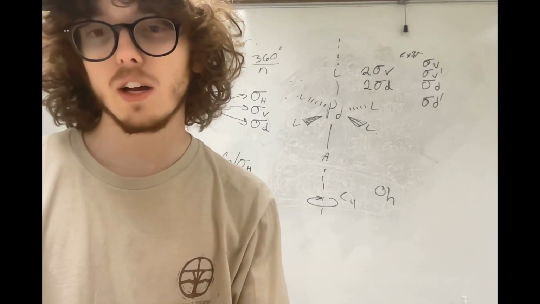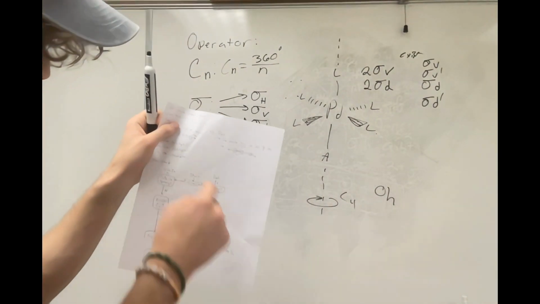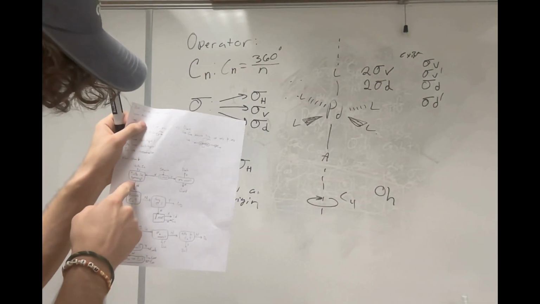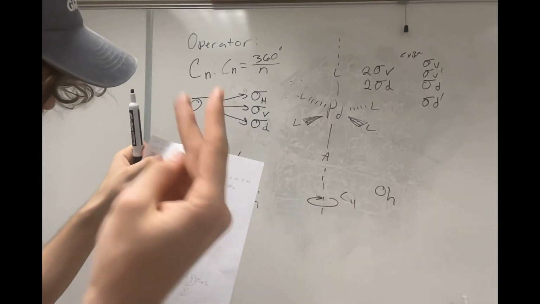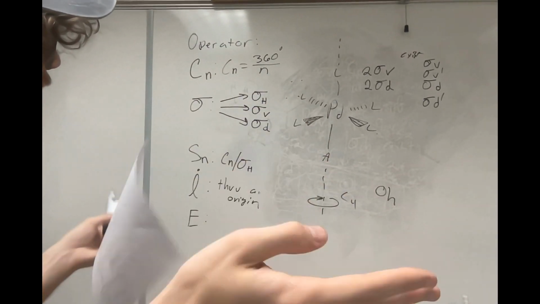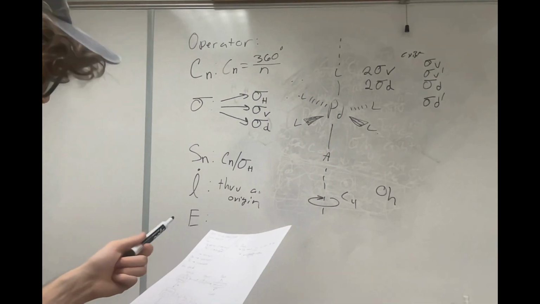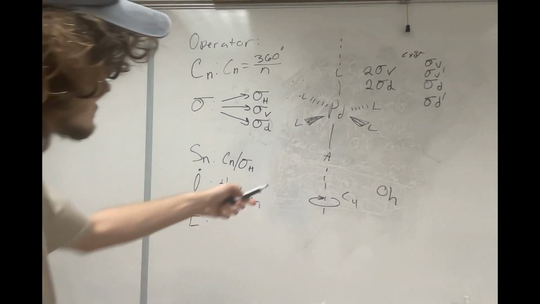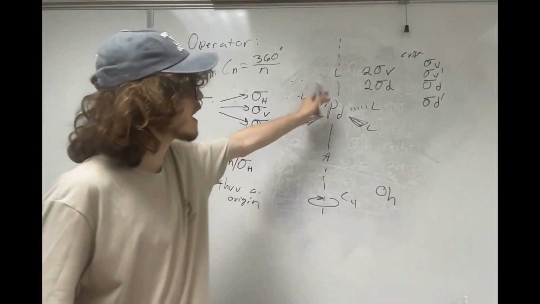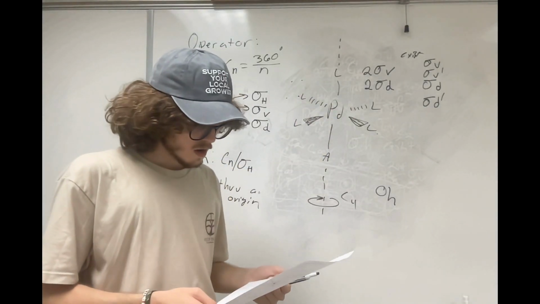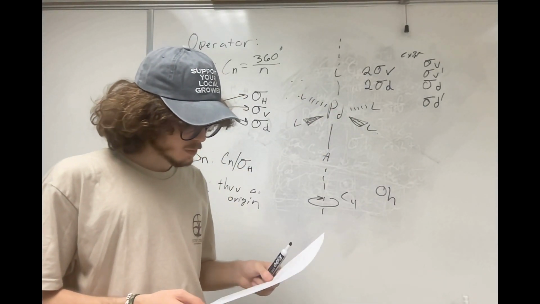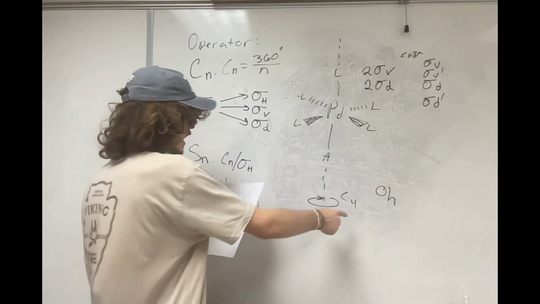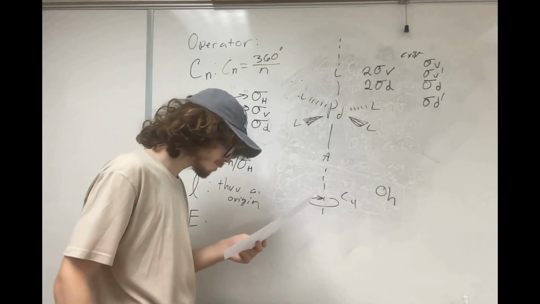So let's go back to our chart here. We start: is it linear? No, it's not. We don't have tetrahedral, octahedral, and that other one because this ligand is different. Sigma h doesn't exist. Do we have a principal C axis? Yes, we do. It's C4.